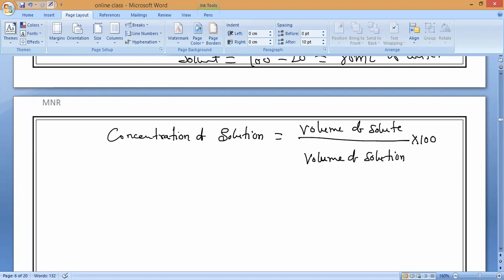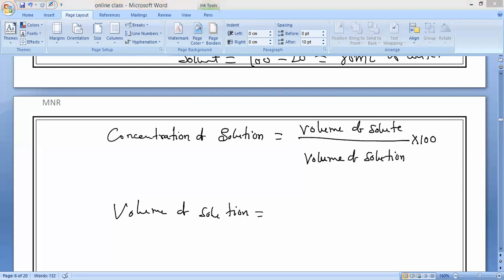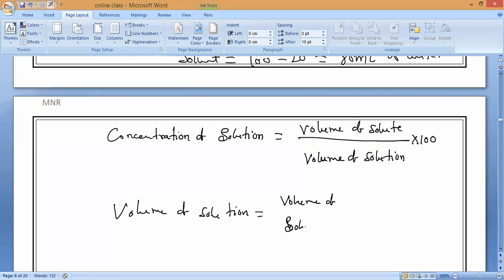Now, if I want to get the volume of solution, then what is that? Volume of solution is equal to volume of solute plus volume of solvent.